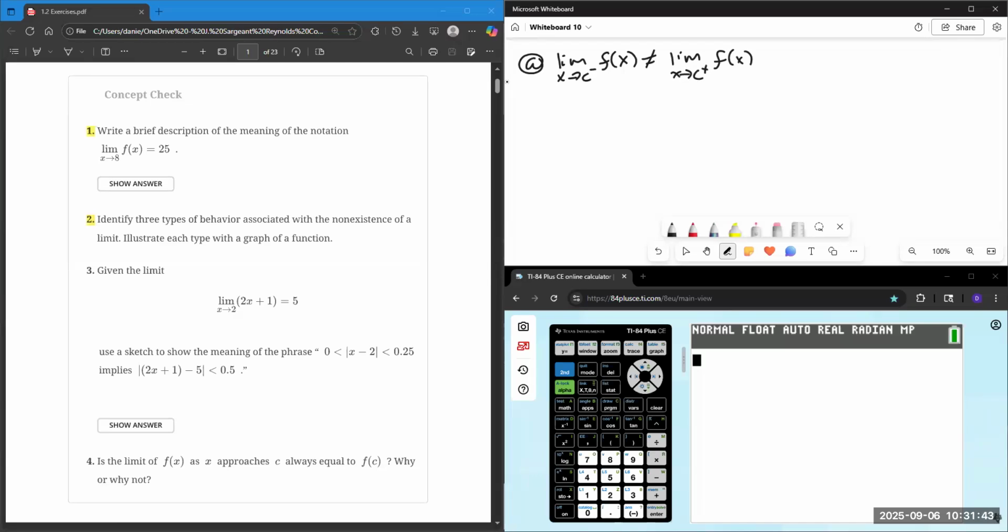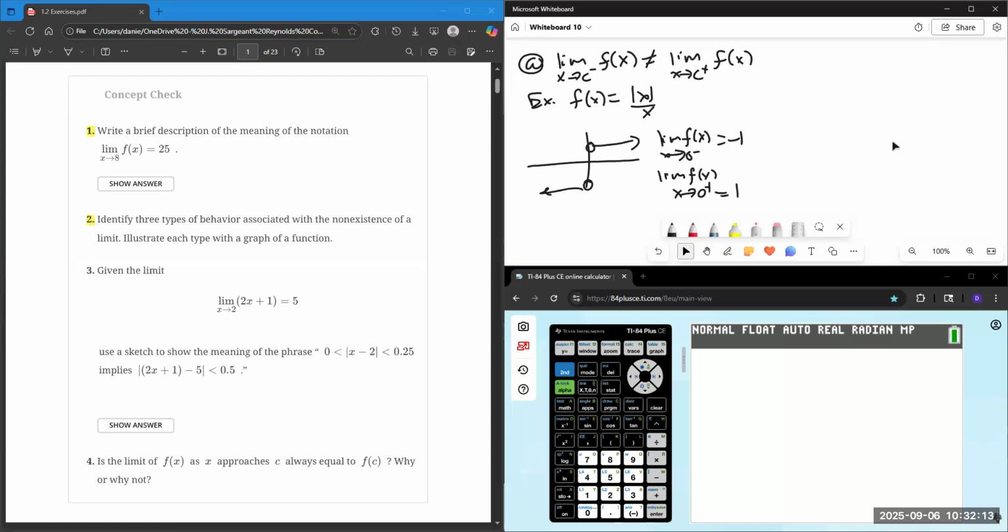An example of that would be f of x equals absolute value of x divided by x, which looks like this, where the limit of f of x as x approaches 0 from the left is -1. The limit of f of x as x approaches 0 from the right is +1, and they don't match each other.